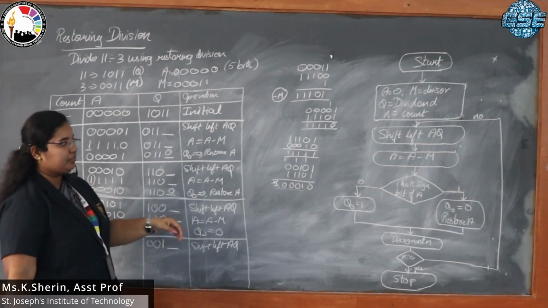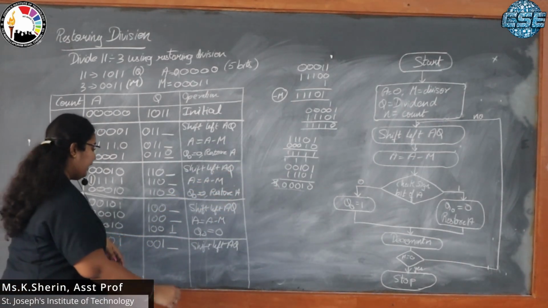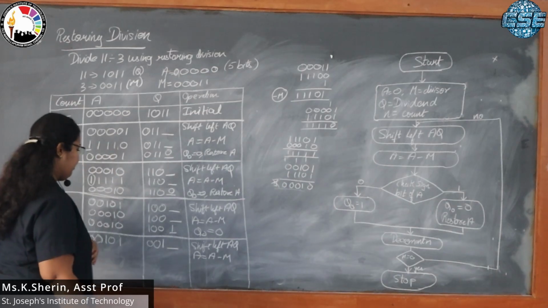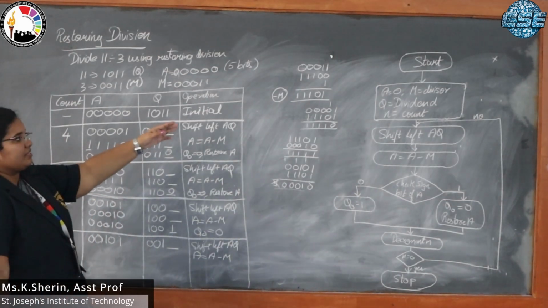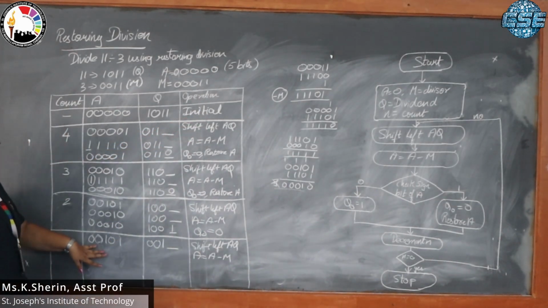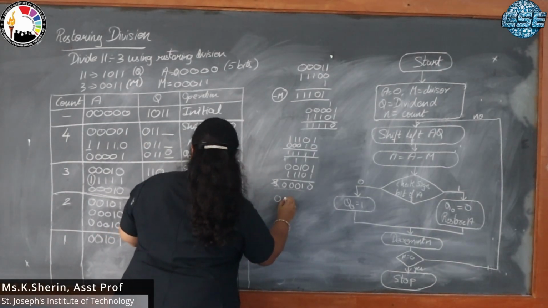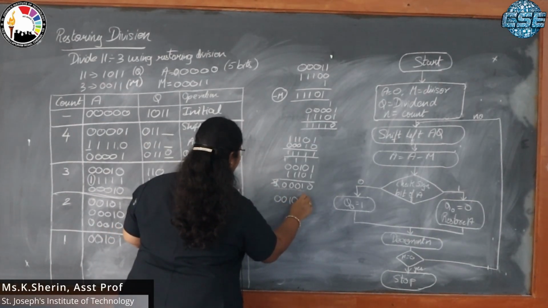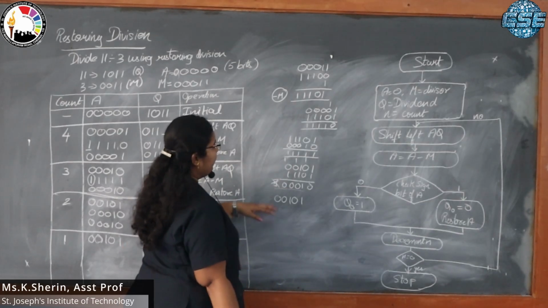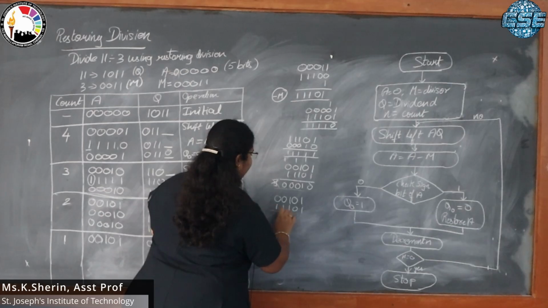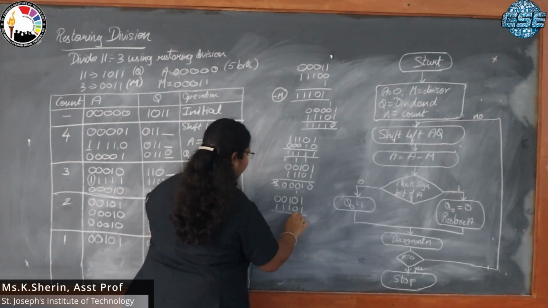What is the next operation we have to perform? A is equal to A minus M. So writing it as A is equal to A minus M. My minus M condition is over here, and A value is going to be 00101. Do the binary addition operation over here: 00101 as well as my minus M value 11101, which means it is 1, 1 again 1, 1 again 1.